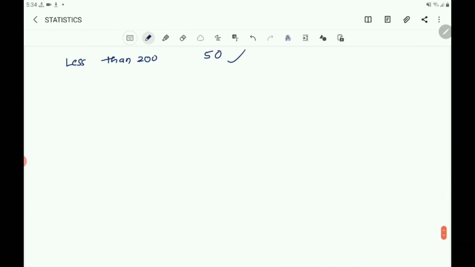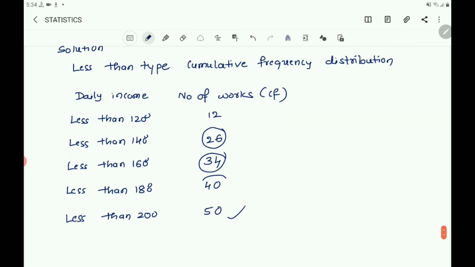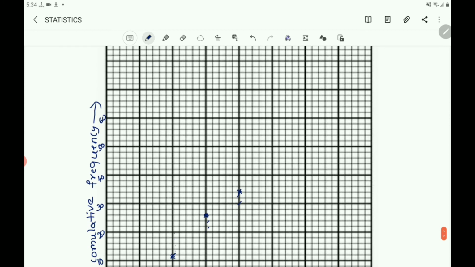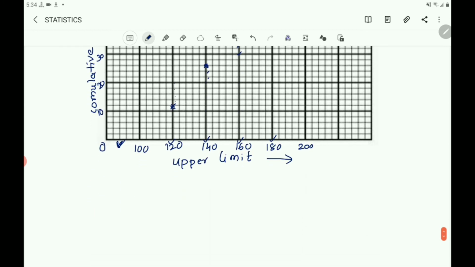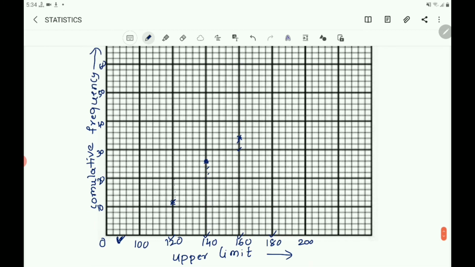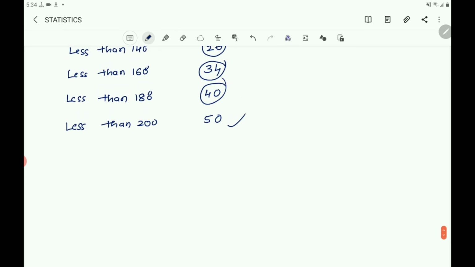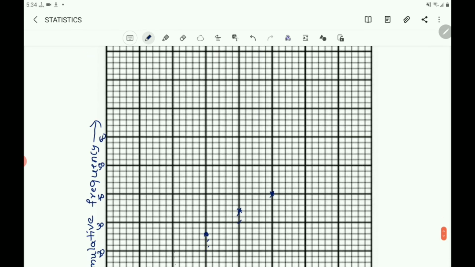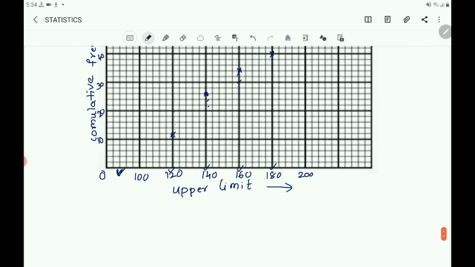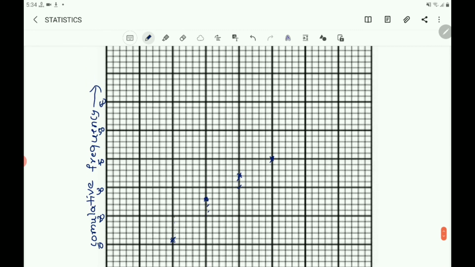Next one is 180, 40. 180 is here. Go straight to 40. 40 is here. Then 200, 50. You take 50.